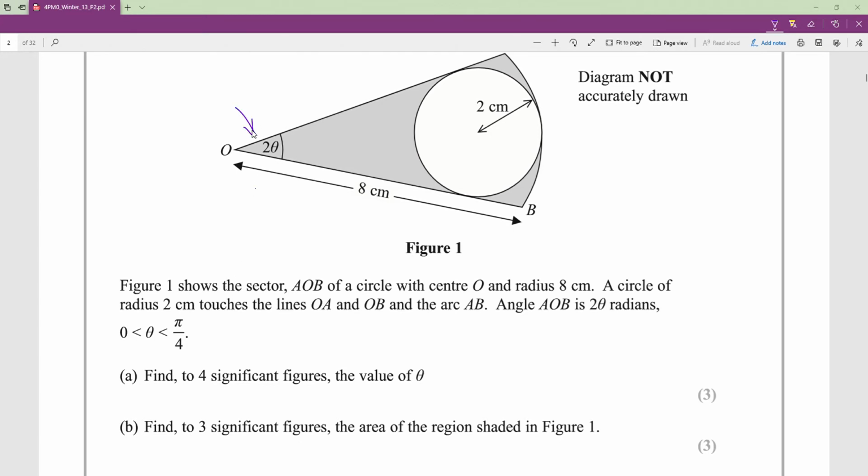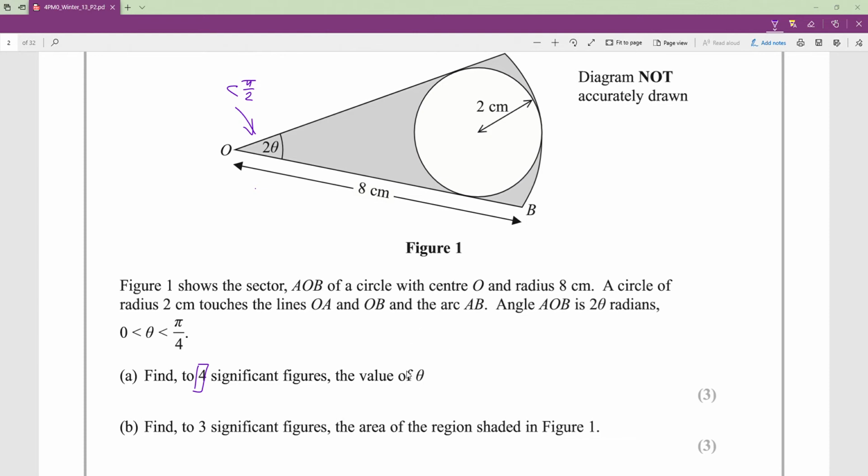So this angle is less than pi over 2. It's acute. Find to 4 significant figures the value of theta. The angle is theta radians, which means you must give your answer in radians.